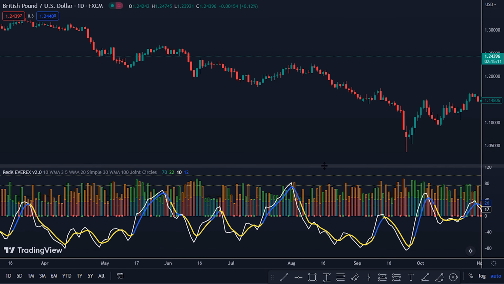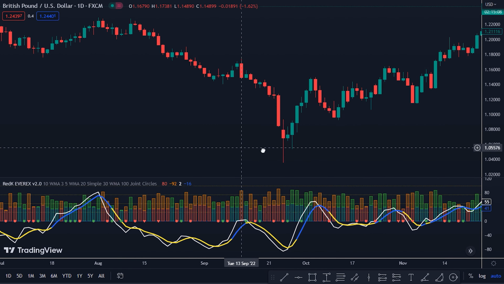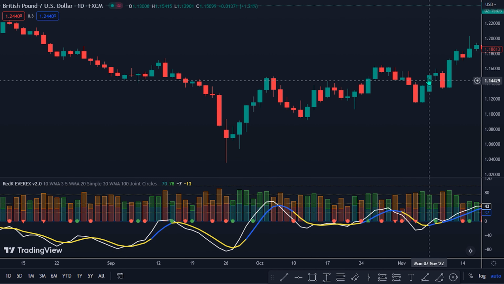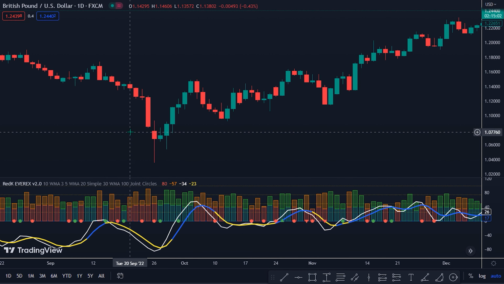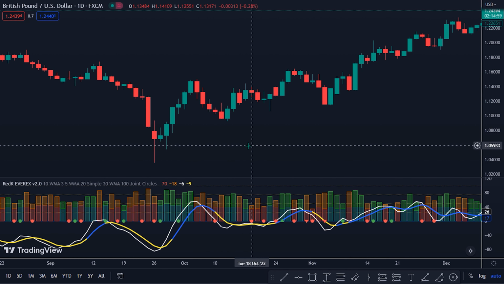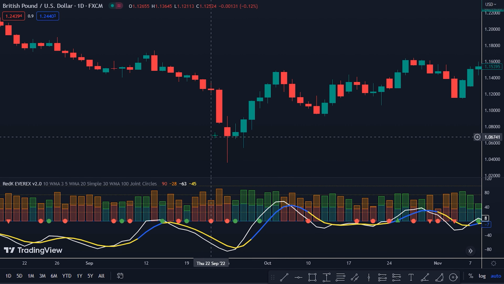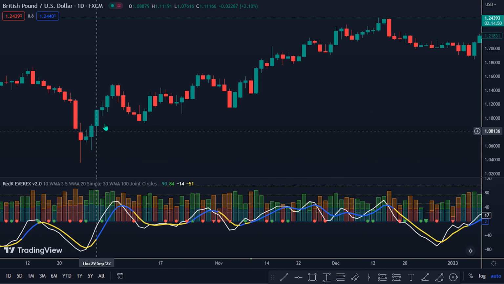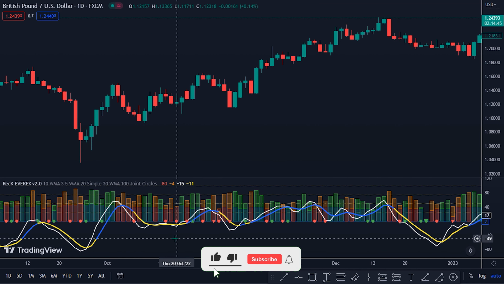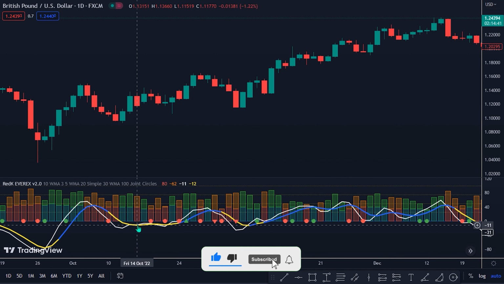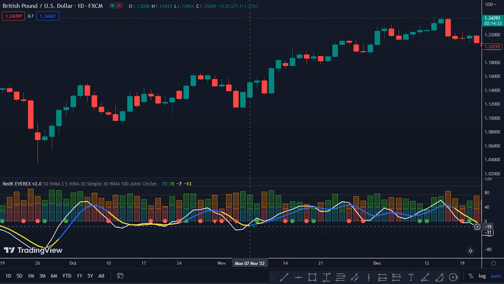How can we use the RedK EVEREX Effort vs. Results Explorer indicator to detect buy setup in the market? Let's study the price chart here. To buy with this indicator, first, we need to study a bullish trending market. Watch out to see that the signal line and the RROF smooth line are both at the lower section of the indicator chart.